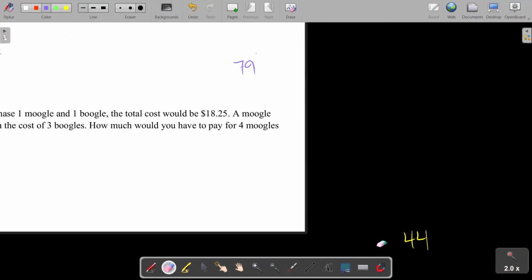There they are. We found one of them earlier. We plugged it in. We found the other one, and now it's time to write a clean sentence. And again, this is a simple sentence. The numbers are 44 and 79. Done.